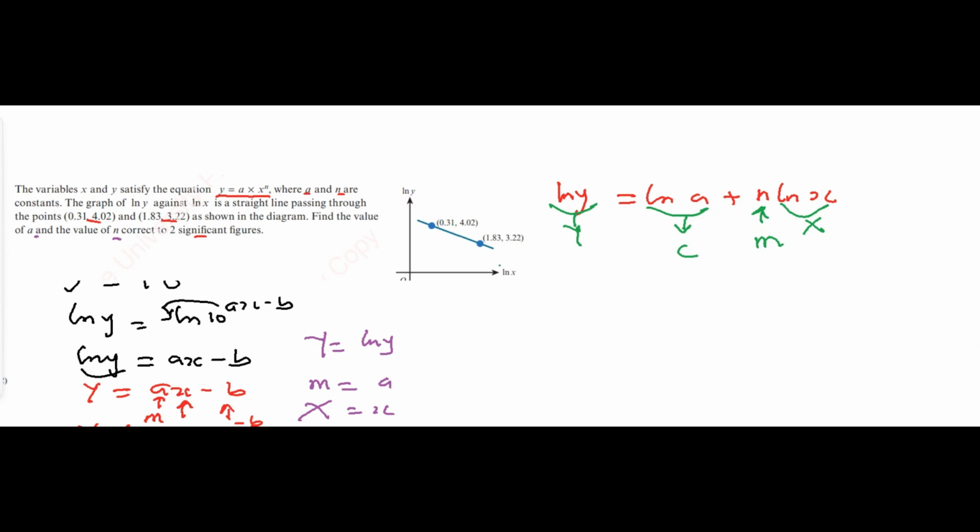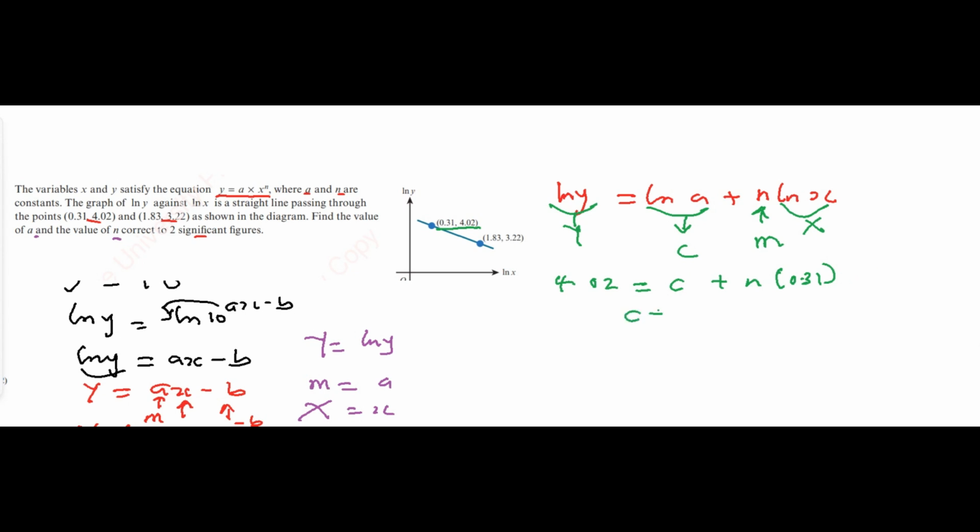From this place, I know that my Y, let me deal with the point 1 first. Point 1, this X and Y, meaning that 4.02 equals, let me put it here and see what I will get, my C still remains C for that graph, N, and my X, it will be times 0.31. Call this one equation 1.